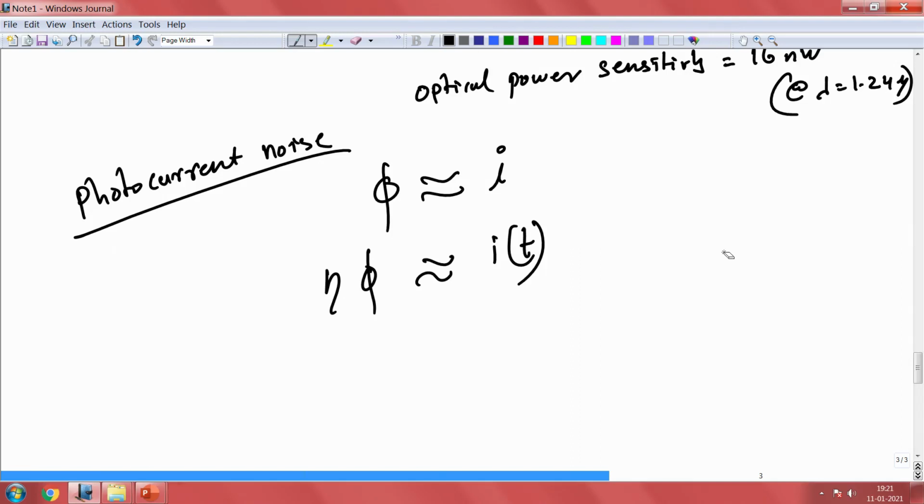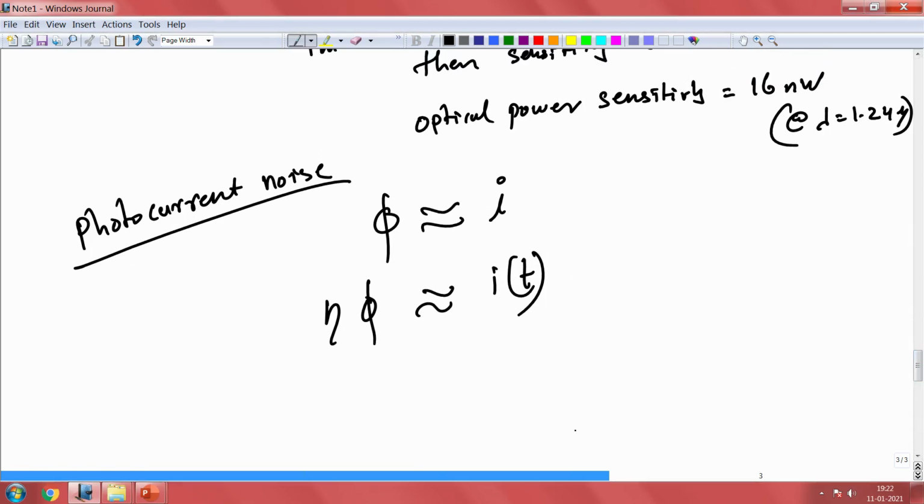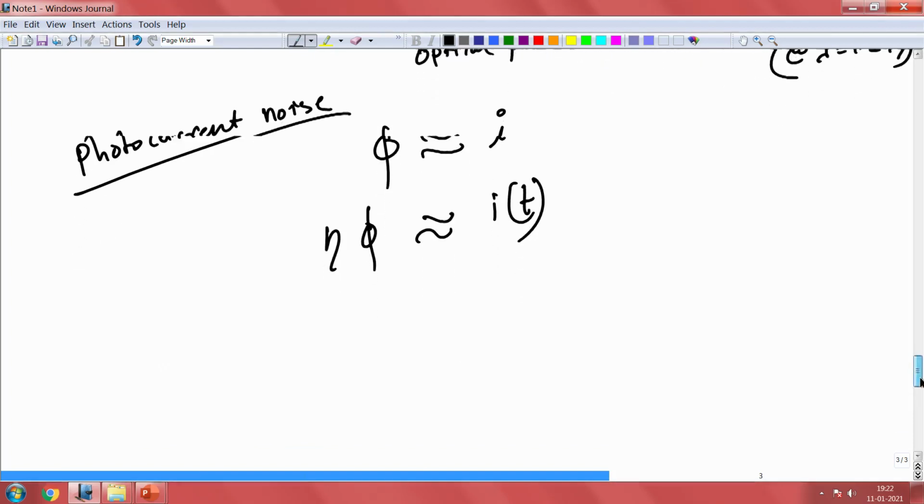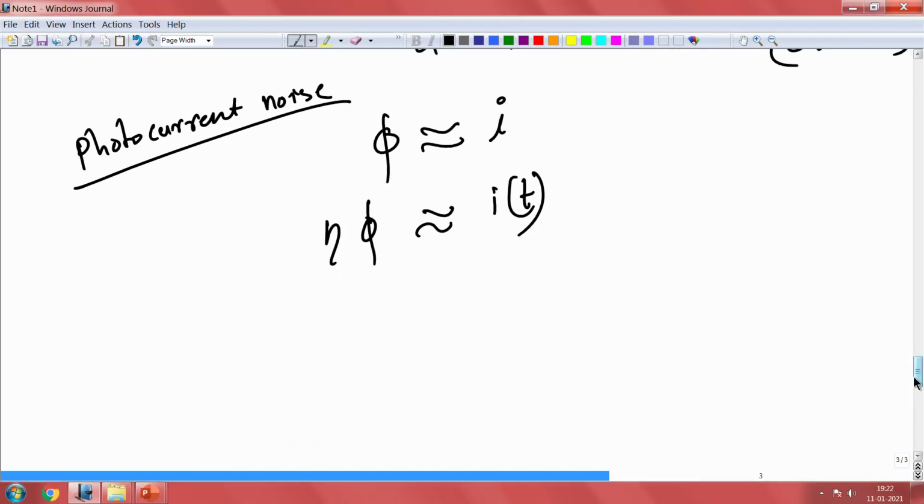The time response of this detector that you have could be filtered to a large extent. When these time constants are known, then you can put a filter to take it out.